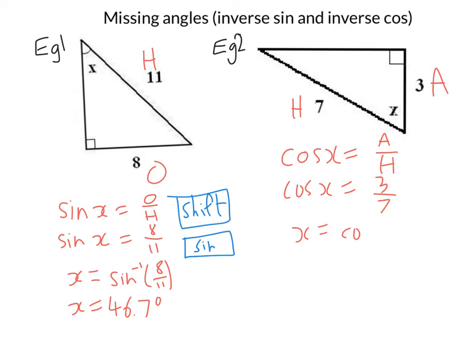Cos to the -1, make that clear, of 3/7. And again, that will be shift cos in your calculator. And that gives 64.6 to 3 significant figures.